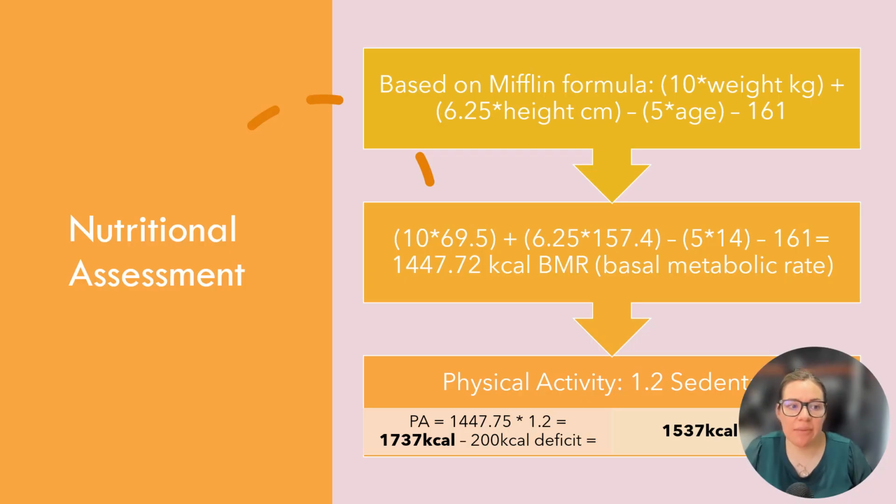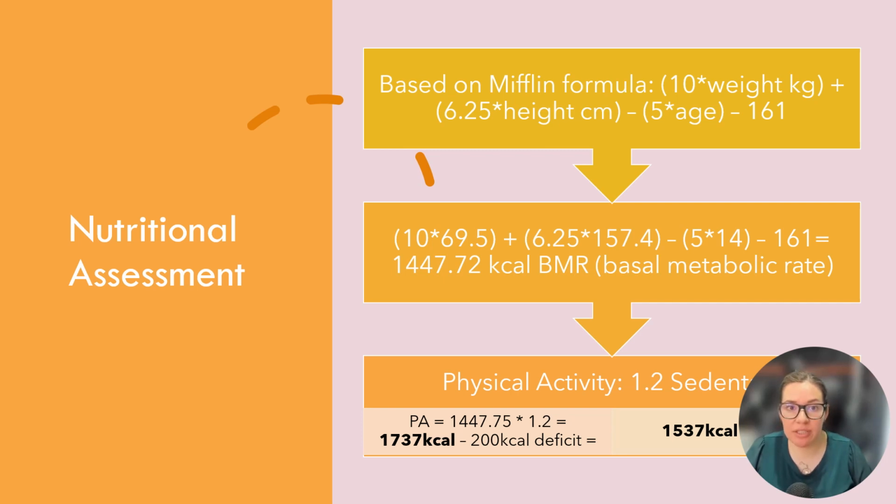Here I have the nutritional assessment. That's my recommendation for her based on the Mifflin formula. I have the basal metabolic rate as 1,447 kilocalories. If we multiply for the physical activity, which is probably sedentary, it's an intake of 1,737 kilocalories.